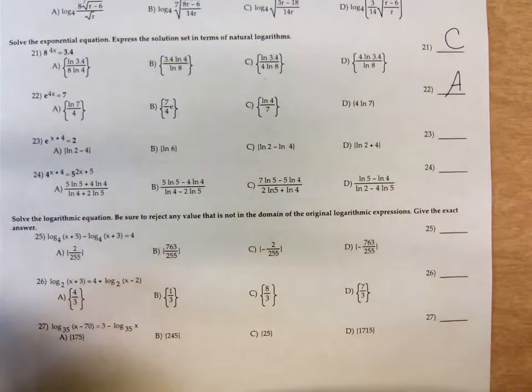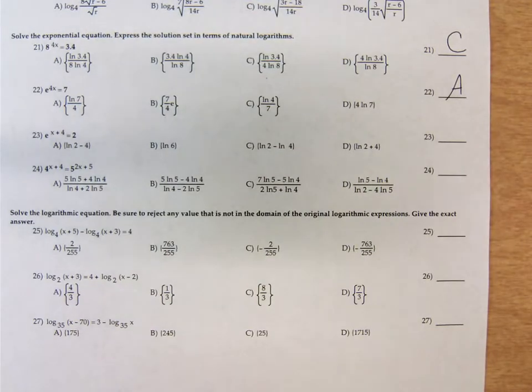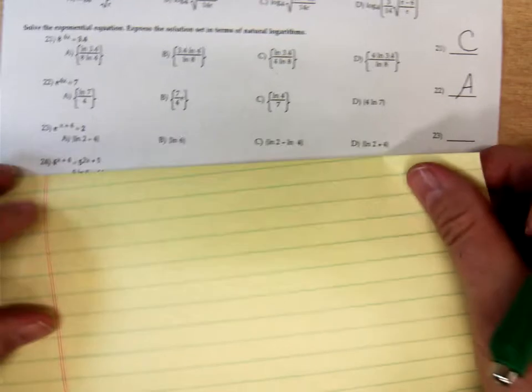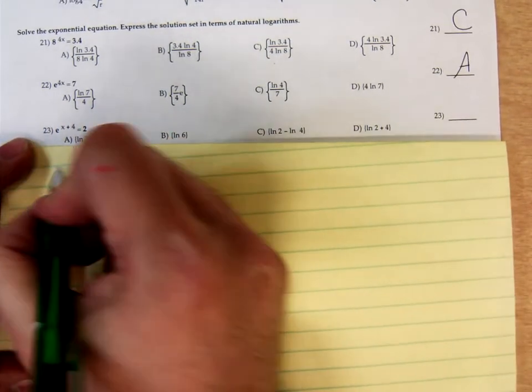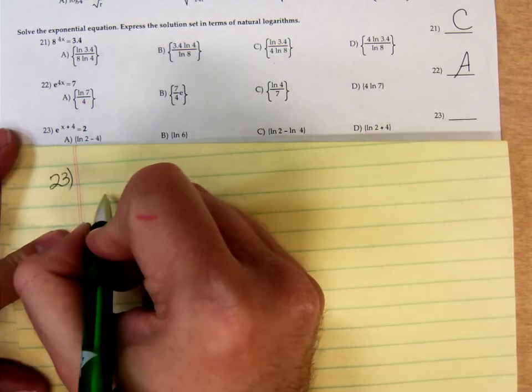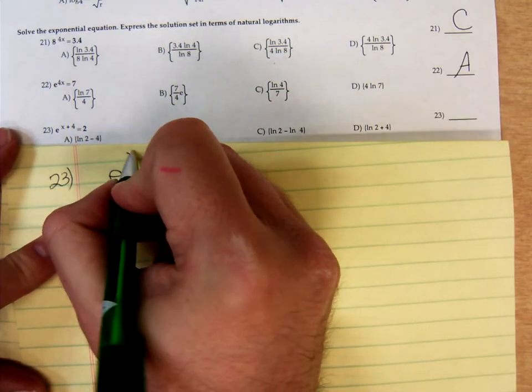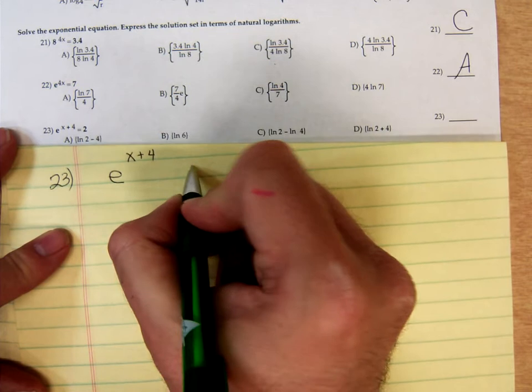Now, number 23. Oh, it's another one that has an E in it. Good. E to the x plus 4 equals 2. Why did I say good?